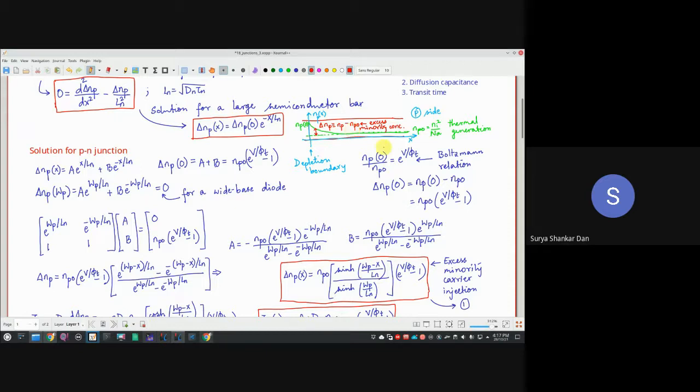So now comes the question of the boundary conditions. One thing is pretty sure, that delta n_p(x), if this is the solution which we saw for a large semiconductor bar, the solution for a diode can have, by the way, why did we not have this e to the power of plus x by L_n?